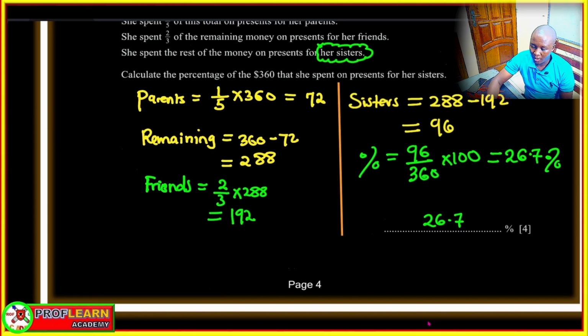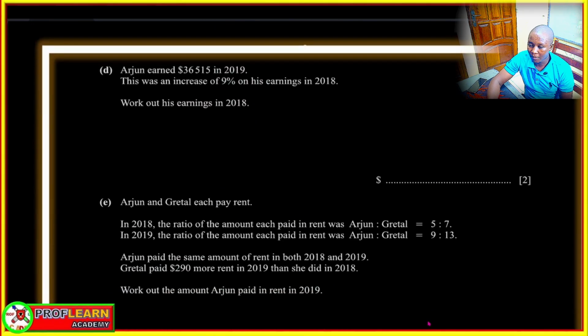We are told that Aljun earned 36,515 in 2019. This was an increase of 9% of his earning in 2018. So I think we've done a question related to that.